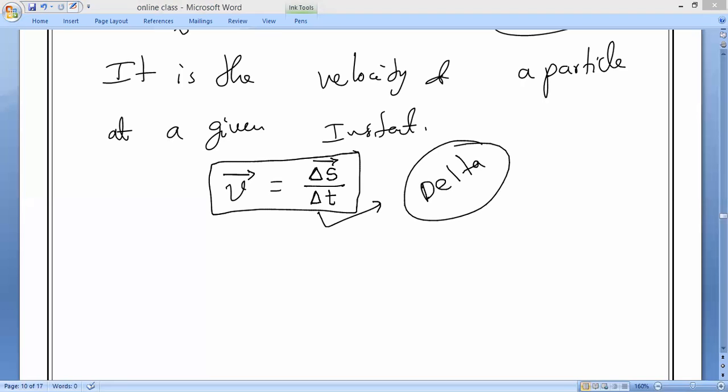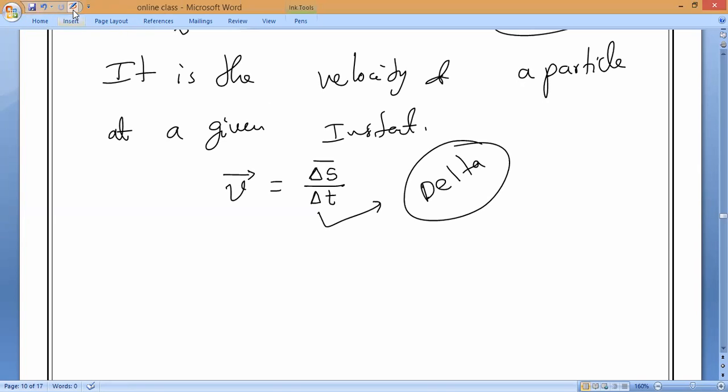Delta S is the change in the displacement in a small interval of time. So what do you mean by delta S? Change in the displacement. Now it's not an arrow, guys, just a line. Velocity has the arrow, and delta S is the line. So what do you mean by delta S, guys? Delta S means change in displacement.